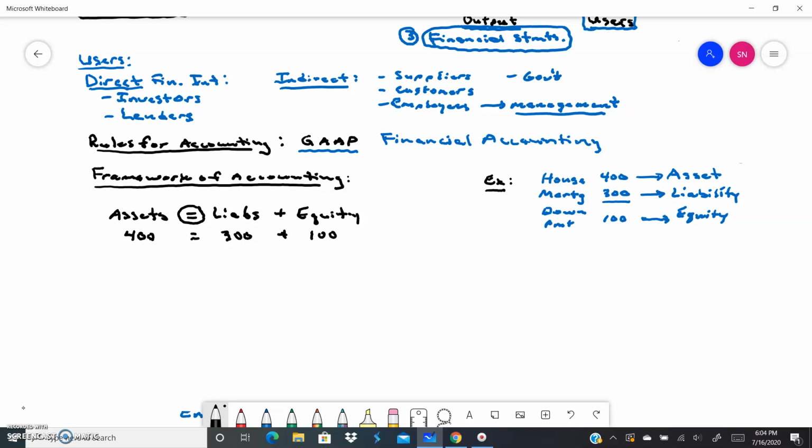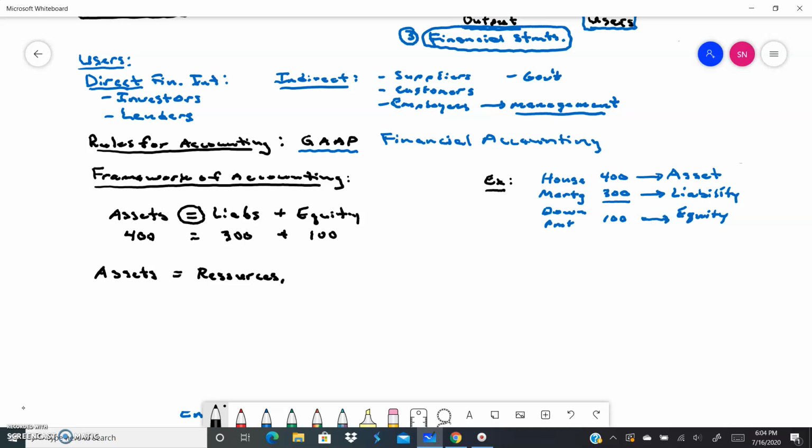Now let's just define some of these terms, okay, and then we'll go through an example of what's happening. All right, so assets, so let's talk about assets. Assets are what we can talk about in terms of resources.